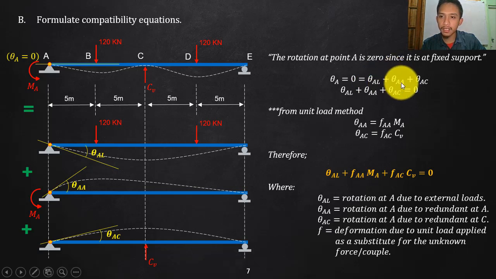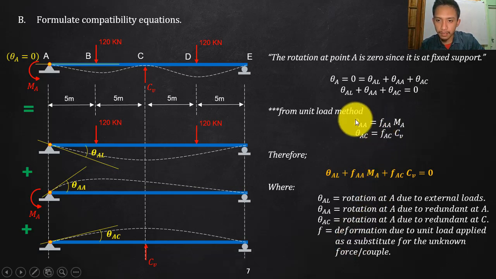Theta sub AA means the rotation at A due to the redundant at A, since we are considering here the redundant located at point A. And then theta sub AC is still the rotation at point A, but that effect is due to the redundant at point C. So that we will differentiate these values of rotations. Okay, so again, that is your subscript.